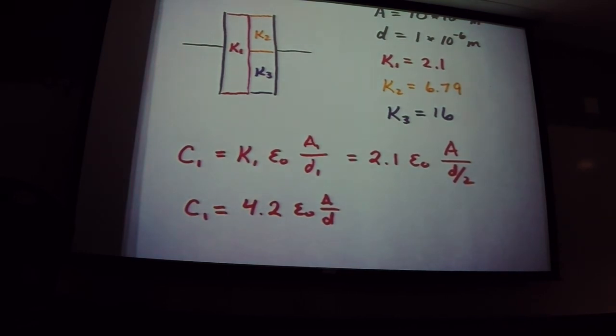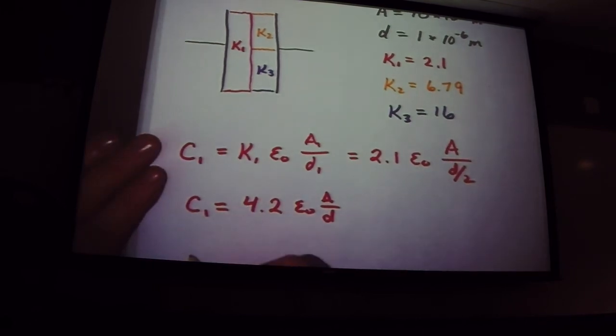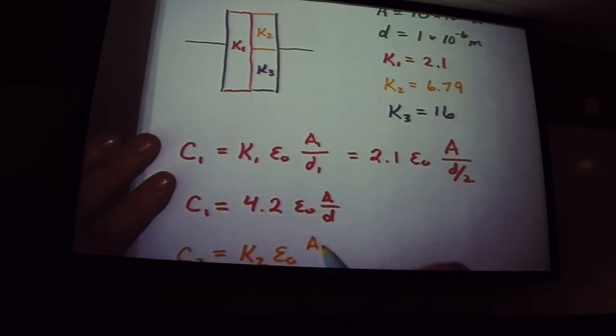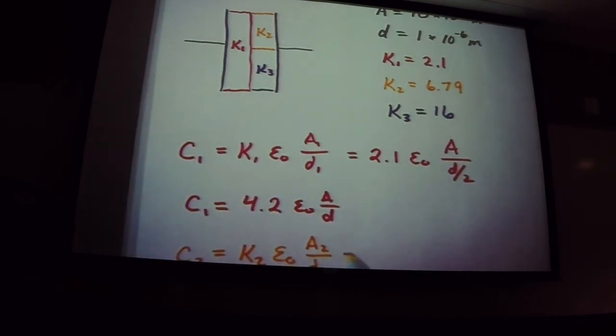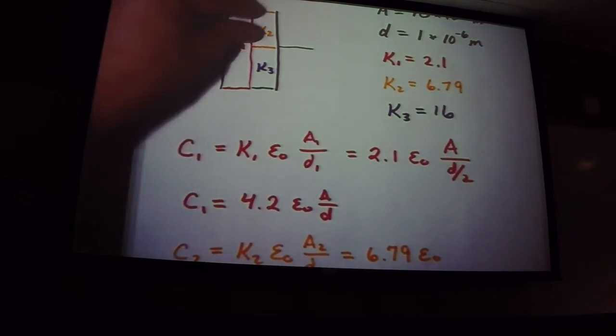Now let's do the next one, which would be C2. C2 is equal to kappa 2 epsilon naught A2 over D2. Kappa 2 is my 6.79. Epsilon naught is epsilon naught. A2, how about the area of that second one?